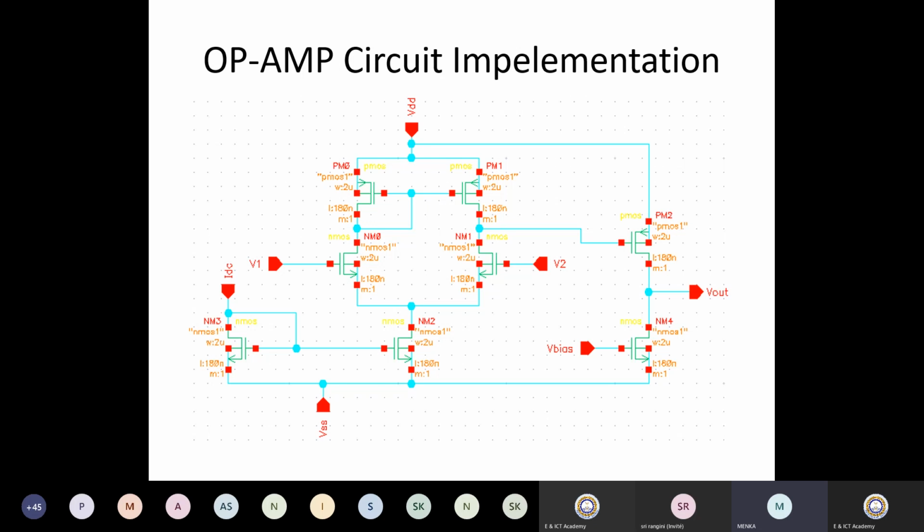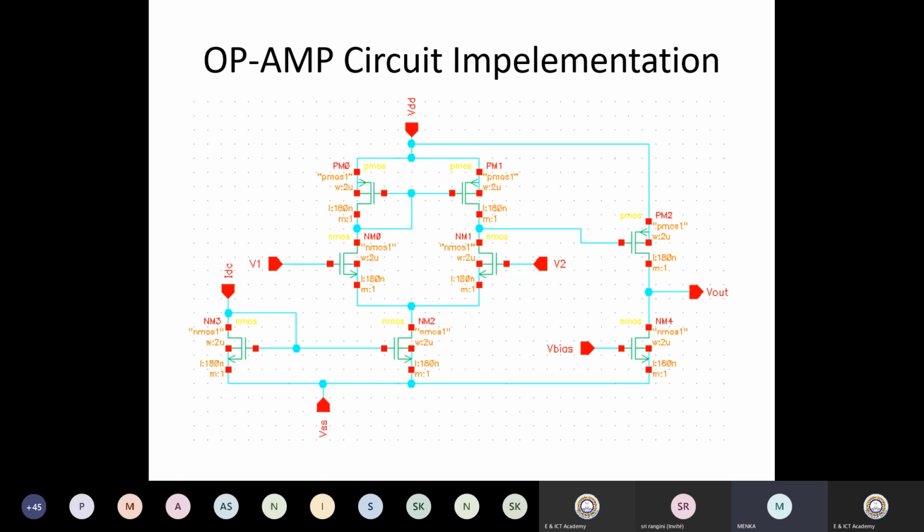NM2 is the bottom transistor which is used in conjunction with NM3 in order to provide the current biasing. If the current is very high, things will change, right? The swing will change, and because of that everything will change. So you have to tune this current. This is the current mirror we are going to use, and you can tune it.